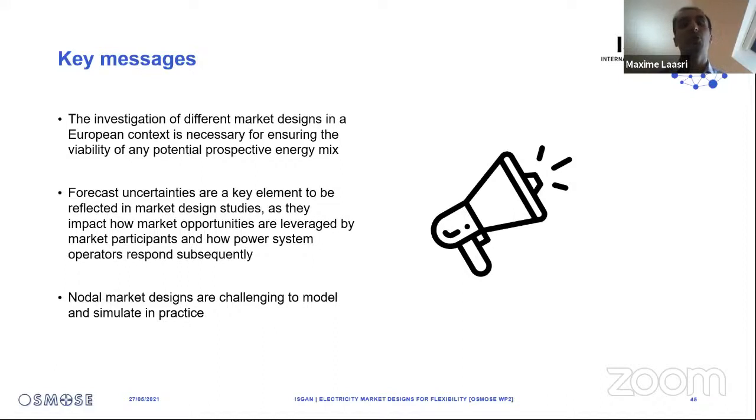And from the figures and variations that we saw, we already know that it's important to build a proper market design that takes into account these uncertainties and patterns of uncertainty if we want market designs that correspond to the energy mix that we are studying.